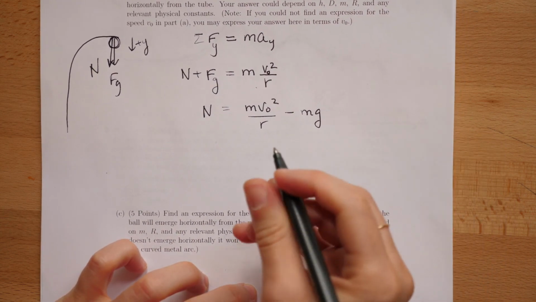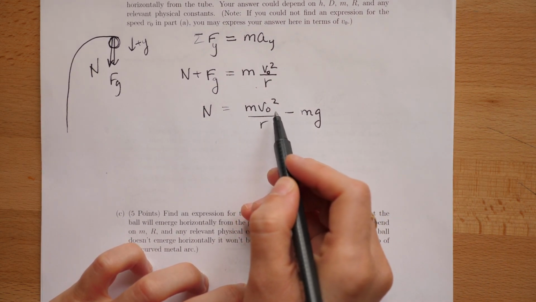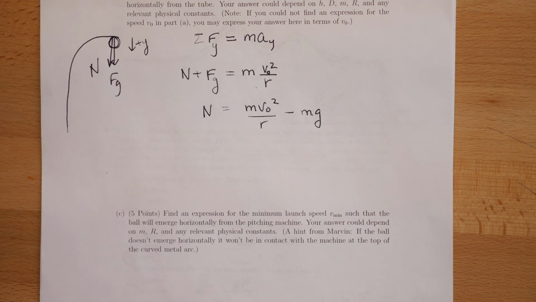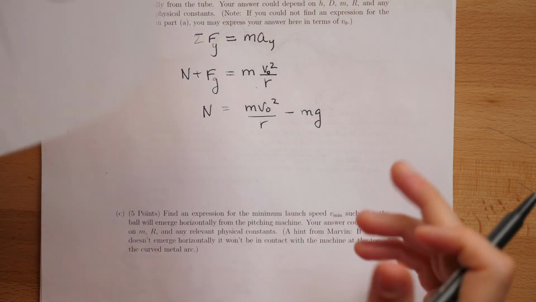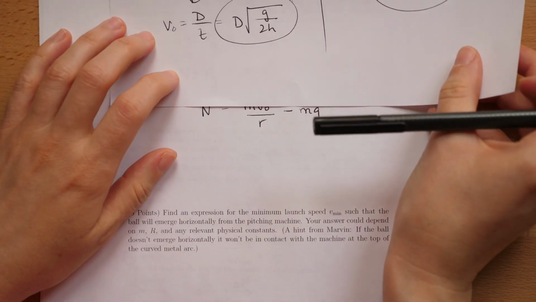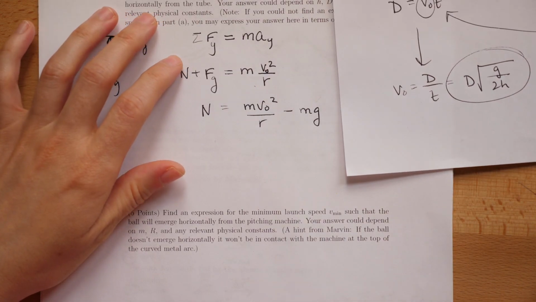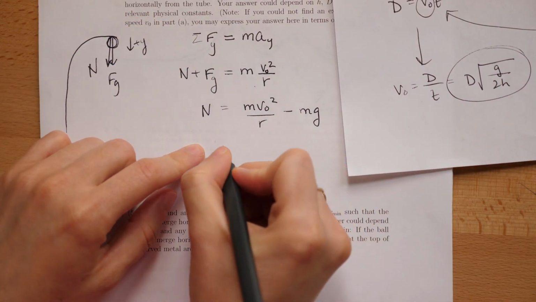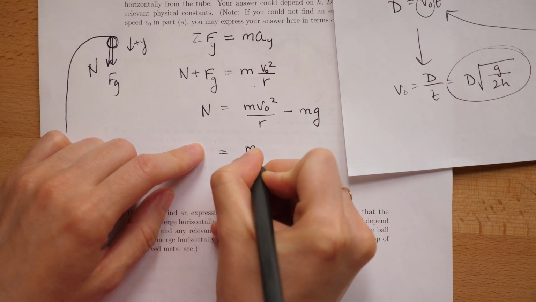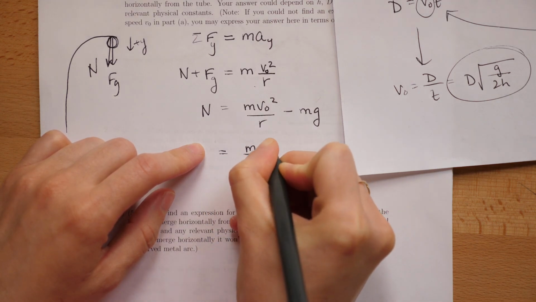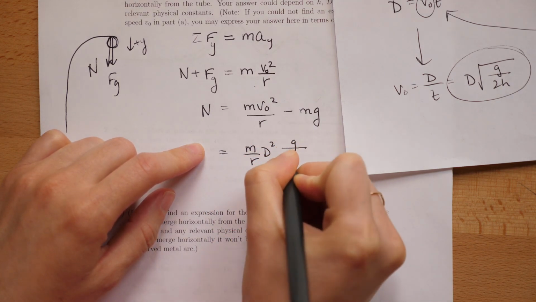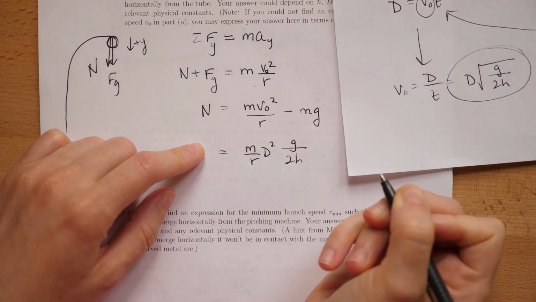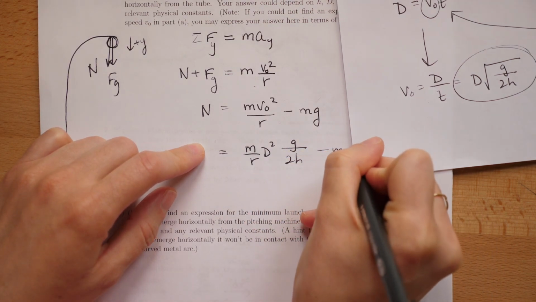And then we figured out what v naught was in part A. We said it was this. So if we plug that in here, we'll get N is m over r times d squared g over 2h minus mg.